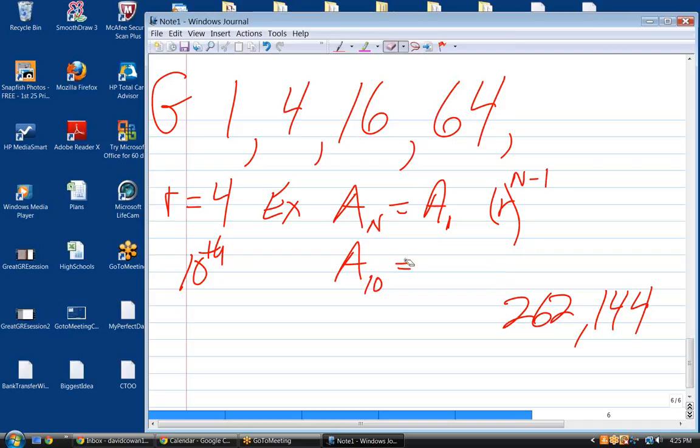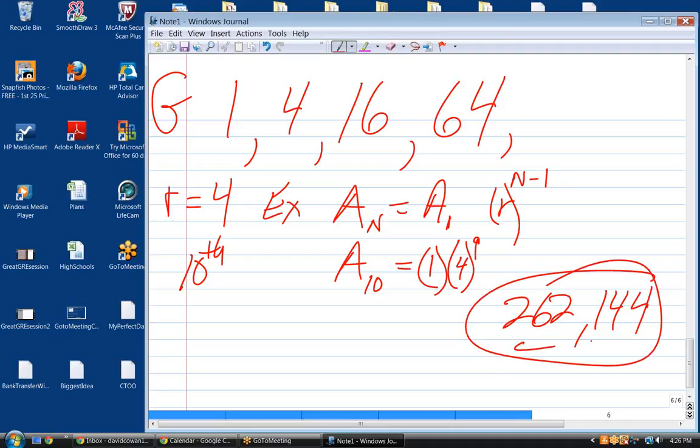So the answer to the 10th term is merely 1, the first term, times 4 to the 9th. 4 to the 9th was this number, so this is the answer. All right. So it's multiplication, not addition. That's why. Yeah, it's been a while since I have looked at arithmetic sequences, I can easily make that kind of a mistake.